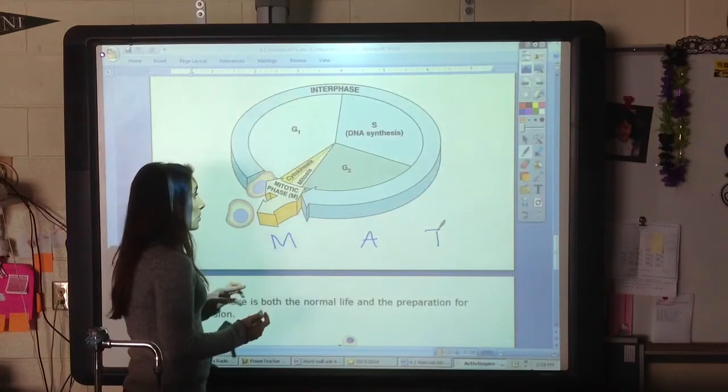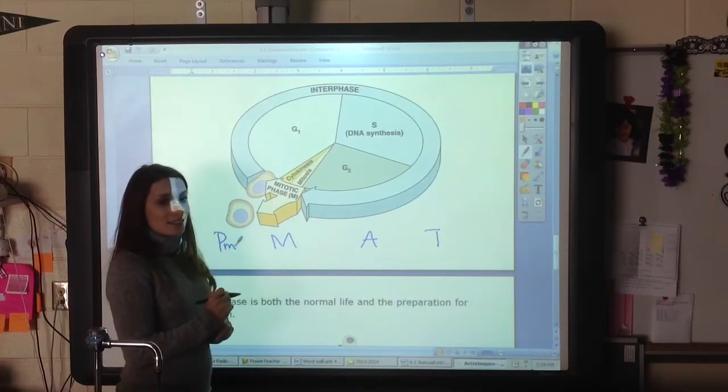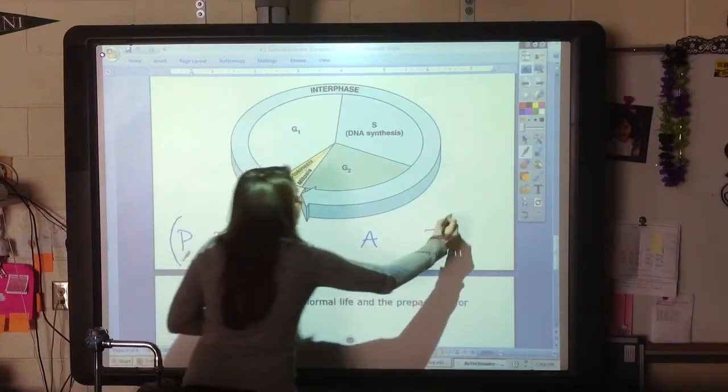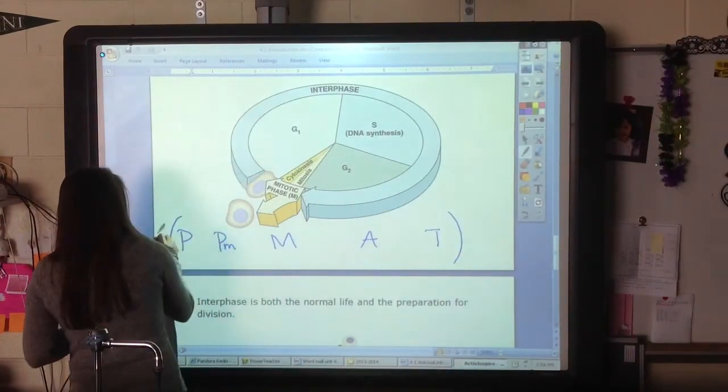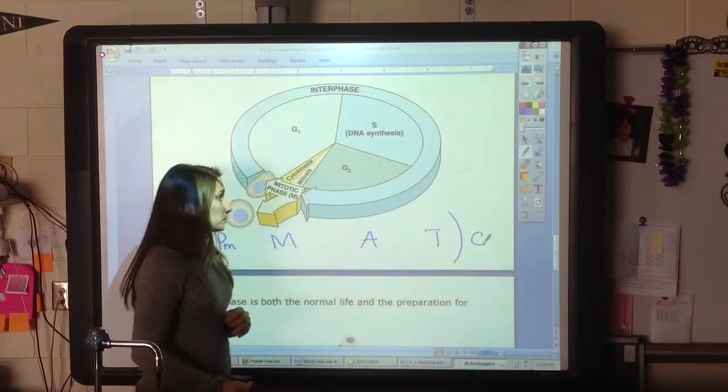But it turns out that there's actually another phase in here called prometaphase, and that this is part of the bigger cell cycle that includes interphase and cytokinesis.